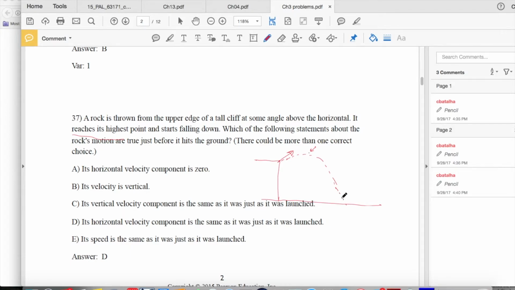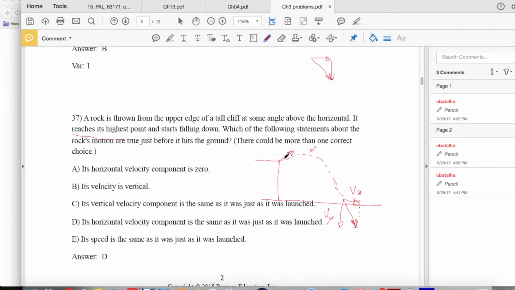So right before reaching the ground, the velocity vector is tangent to the path. It has two components. One is the Vx, right? And the other one is Vy. And here my drawing is not ideal, because I must have Vx exactly in the horizontal and Vy at that moment exactly in the vertical.